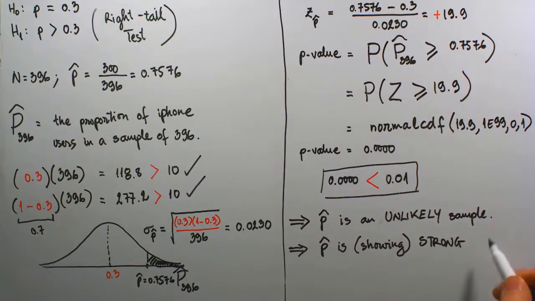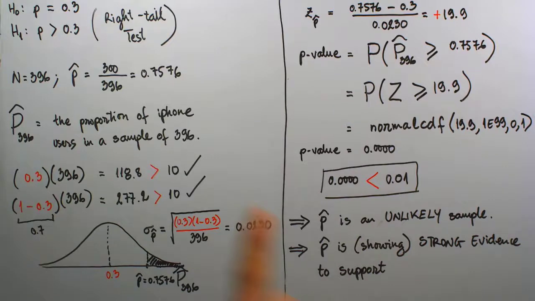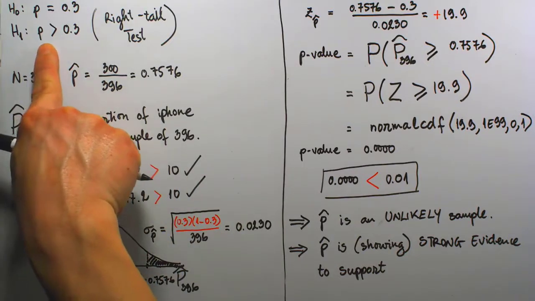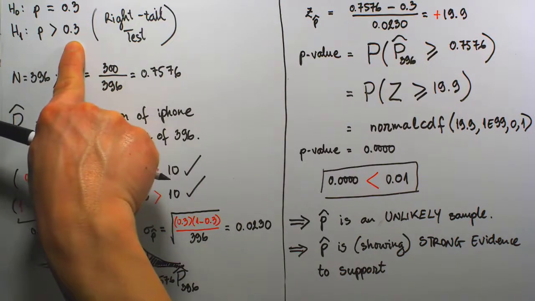The sample we have itself is strong evidence. But strong evidence for what? Strong evidence to support whoever is making that statement, that the proportion of iPhone users should be above 0.3.